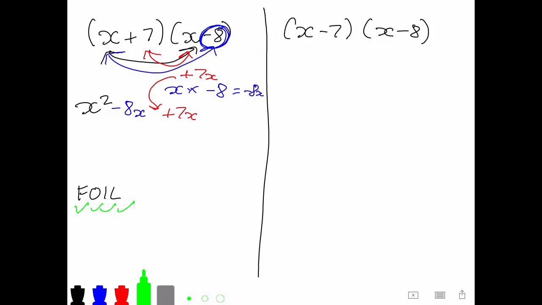So we're going to do 7 times -8. Because remember, the -8 is the whole integer. So, what is 7 times -8? Well, a positive times a negative gives you negative. So therefore it would be -56. Therefore we put that at the end of our expression.